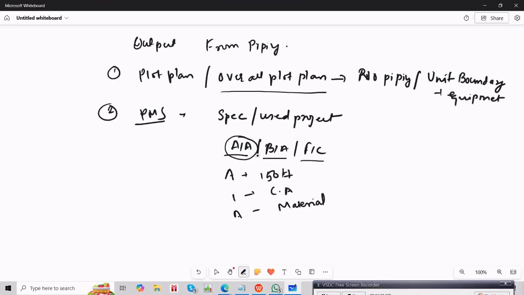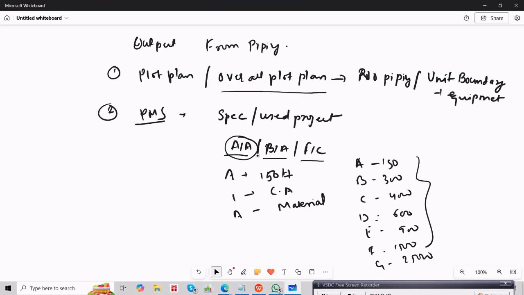So A is for 150, B is for 300, C is for 400, D is for 600, E is for 900, F is for 1500, and G is for 2500. Right, these are the ratings. The one is the corrosion allowance and A is the material. If A stands for carbon steel, then if it is S, it will be stainless steel, depending.